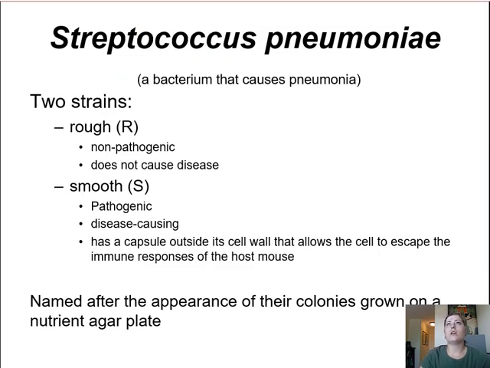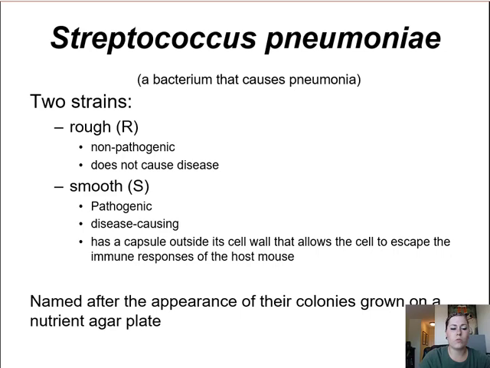So, he was working with a type of bacterium that causes pneumonia. It's called Streptococcus pneumoniae, and he worked with two types of strains. He had a rough strain and a smooth strain, and they were named for their appearance on the colonies, or their growth on the colonies. So the rough strain, labeled as R, was a non-pathogenic strain, and it did not cause this disease.